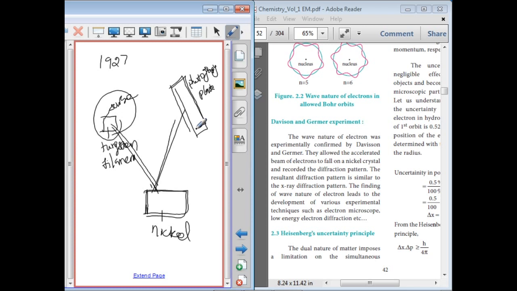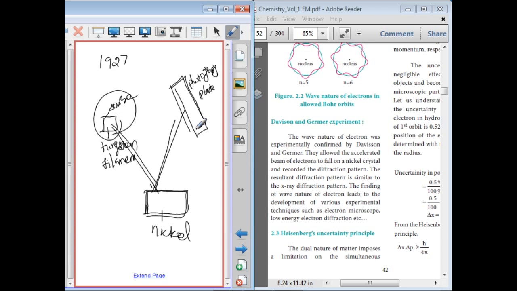Already Bragg, a scientist, checked whether X-rays have wave nature. On checking, the same pattern was obtained, that is a diffraction pattern. So in Davisson and Germer's experiment too, the same diffraction pattern is obtained. So the electron has a wave nature. Since X-rays have a wave character, therefore the electron must also have a wave character.